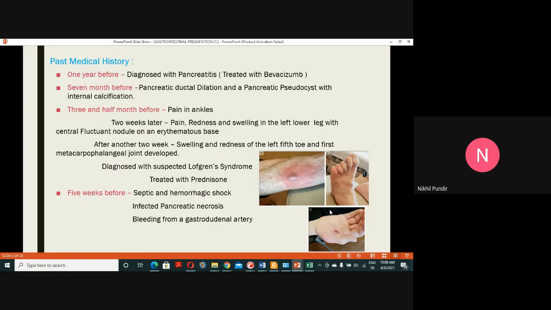Then 5 weeks before the admission, the patient was admitted with septic shock and hemorrhagic shock in the context of infected pancreatic necrosis, and there was bleeding from a gastroduodenal artery pseudoaneurysm.